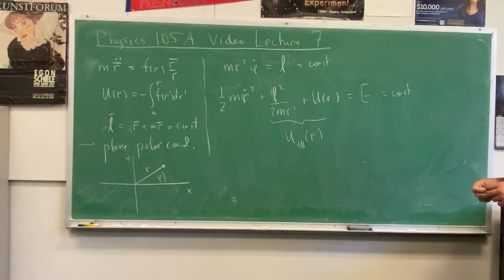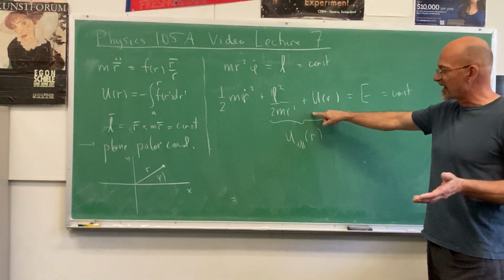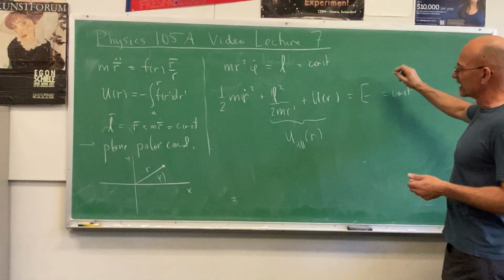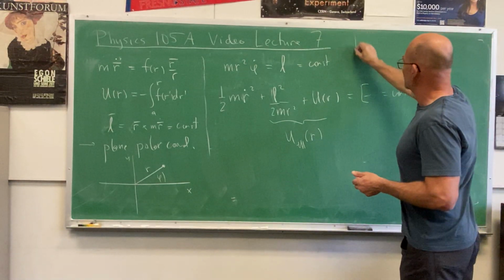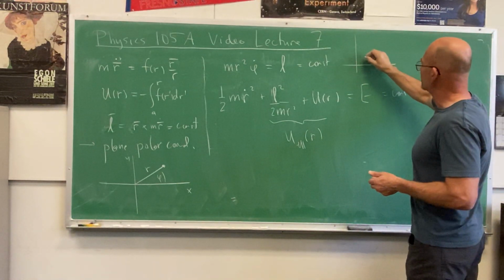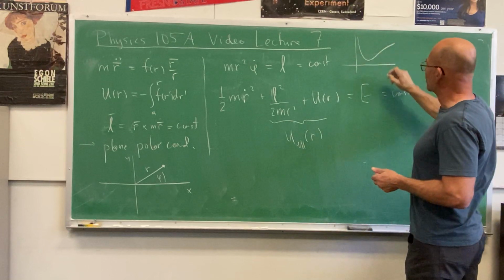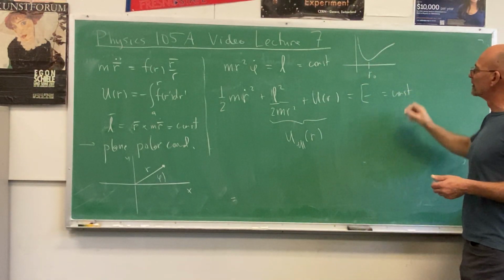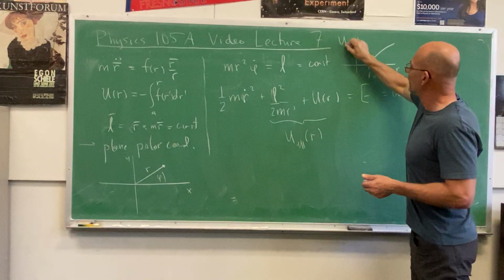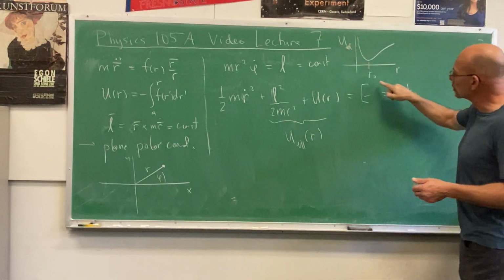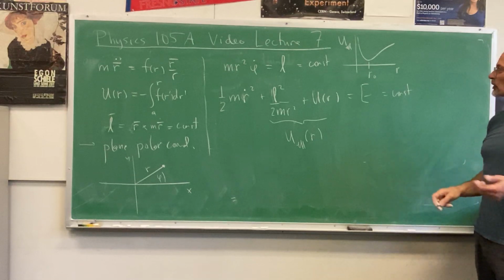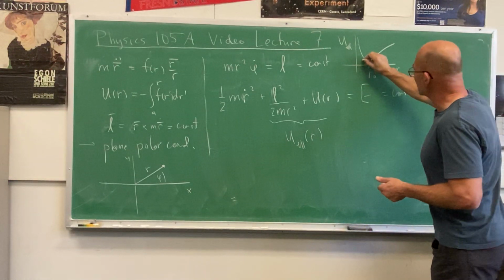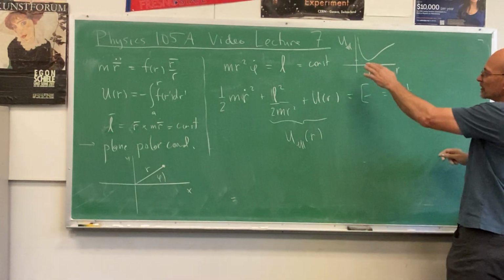Yeah, so the next thing we'll do, we've already spent some time analyzing effective potentials. We've learned that your effective potential can have, say, a form like this. The local minimum of U effective corresponds to a circular orbit, and that corresponds to a minimal energy.